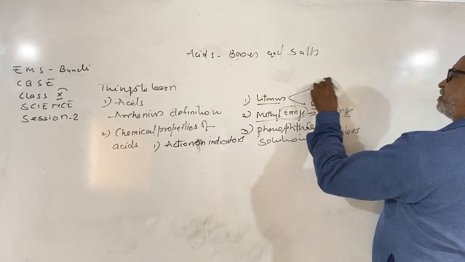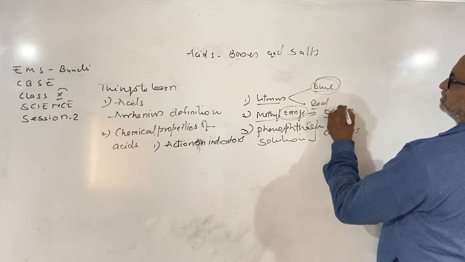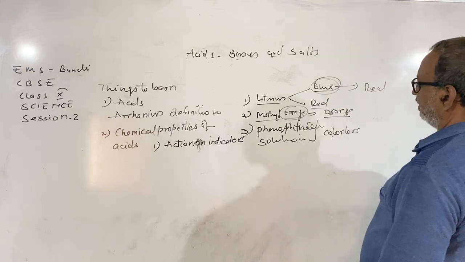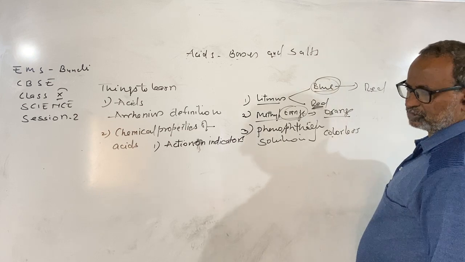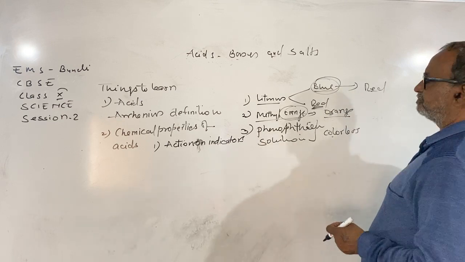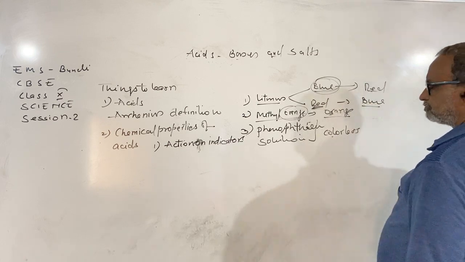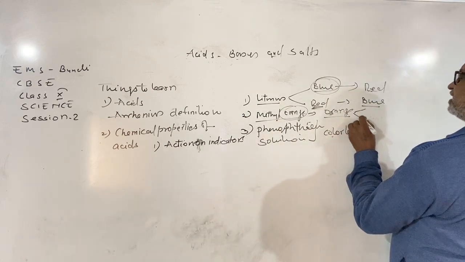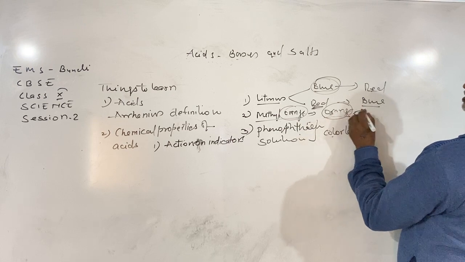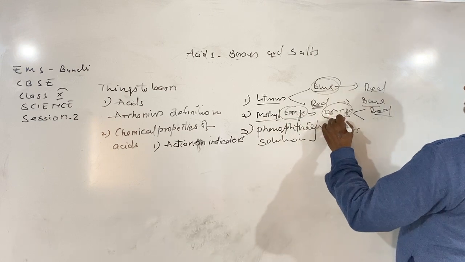When a blue litmus paper or a drop of the litmus solution is added to an acid, blue litmus turns red. Similarly, when a strip of red litmus is dipped in a base or a few drops of red litmus are added to a base, they turn blue. When methyl orange is added to an acid, it changes its color from orange to red, and in a base, from orange to yellow.